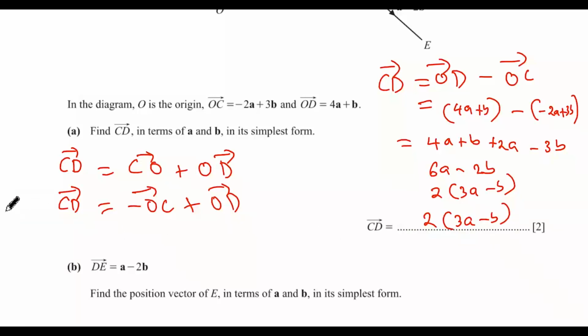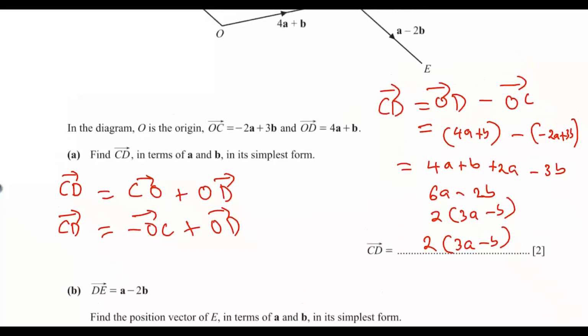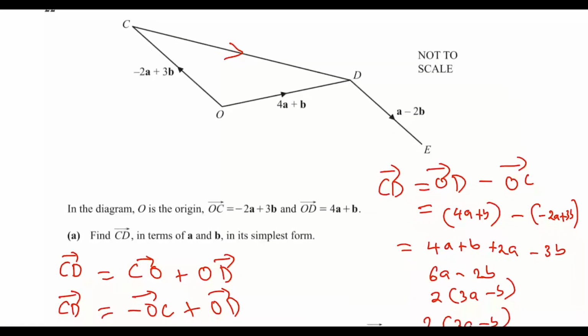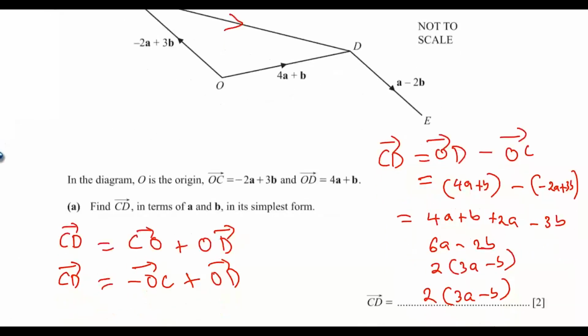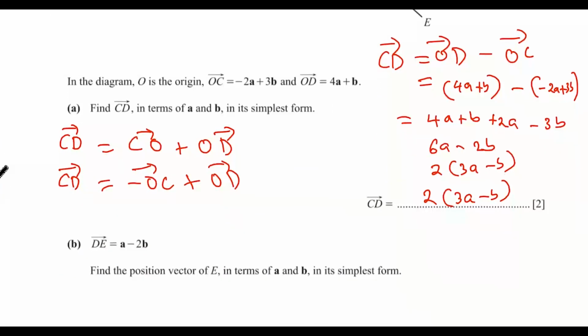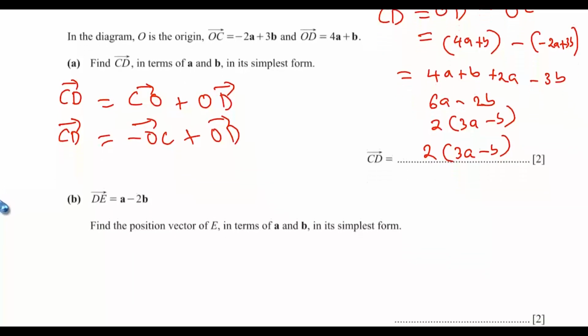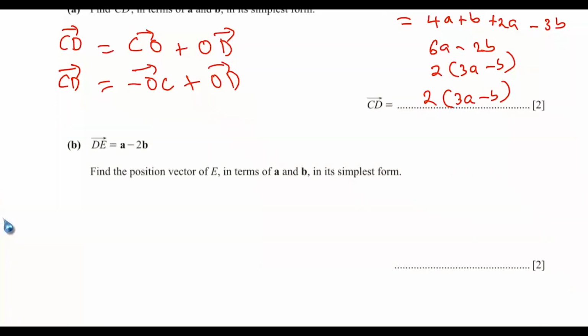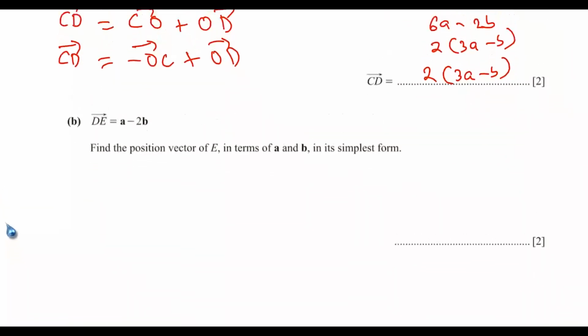Then part B, DE is equal to A minus 2B. Where is DE? DE equals, look at it here, A minus 2B. Then find the position vector of E in terms of A and B in its simplest form.